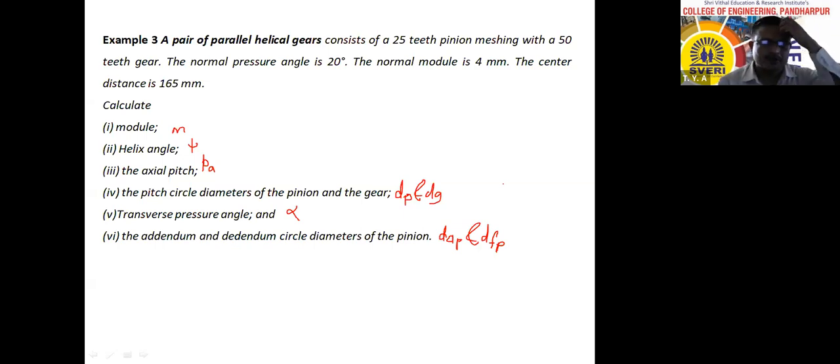Now what we have to do, we have to calculate helix angle first of all from that A formula. Mn into bracket Zp plus Zg divided by 2 cos psi. Alpha n, normal means n. Transverse means alpha. Therefore, we will write down given quantities.